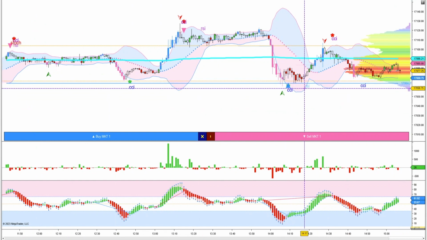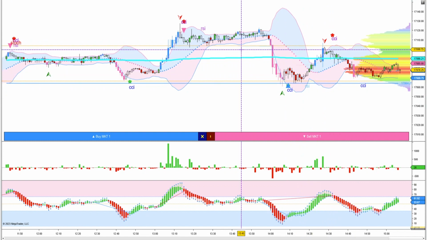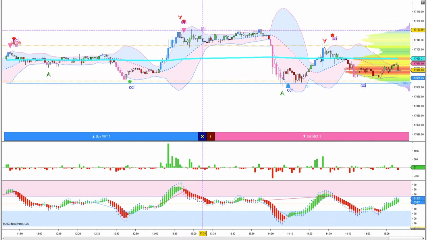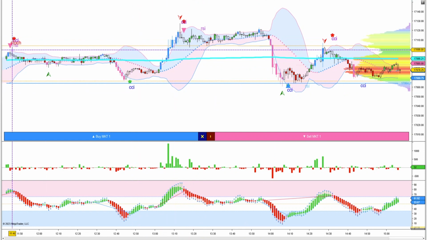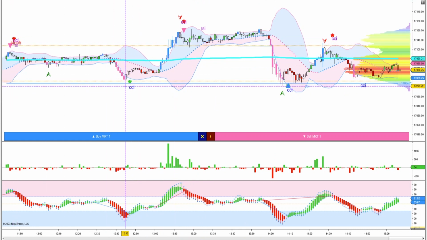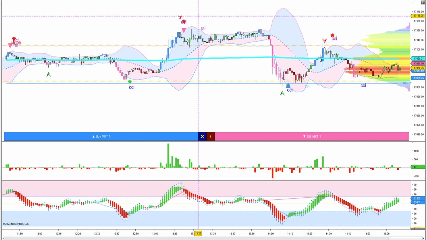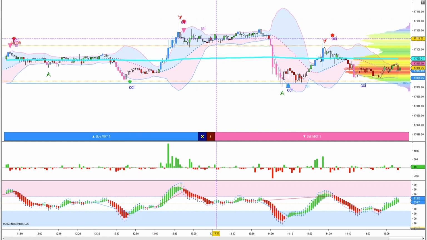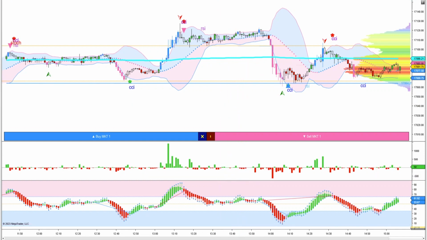See, we're getting some nice oscillator reversal signals to the downside, oscillator reversal signal to the upside, oscillator reversal signal to the downside. This thing's pretty cool. One of my favorite charts to use this on is the 500 volume chart for the NASDAQ. I found it catches some pretty consistent reversal patterns on that type of chart.